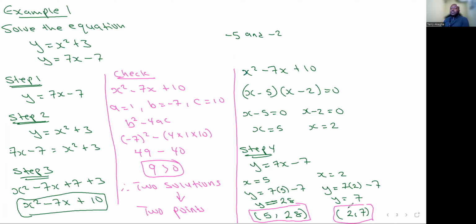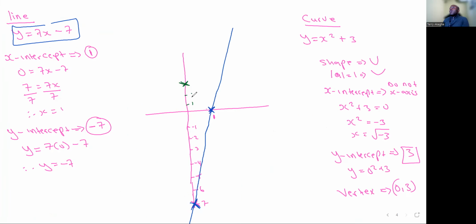So when you now draw the curve for this, you will notice that it's going to look something like this. Let me draw this more clearly. So to intersect, it will be more like this.